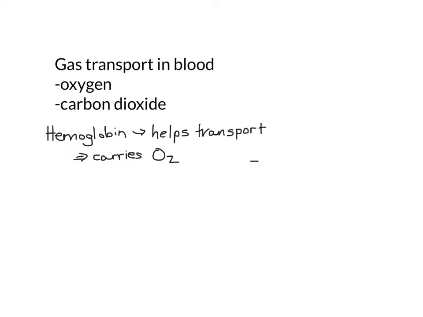Okay, and carbon dioxide, when it enters the blood, can be transported three different ways. Approximately 7%, we'll say we can round up to 10%, is dissolved in the blood.